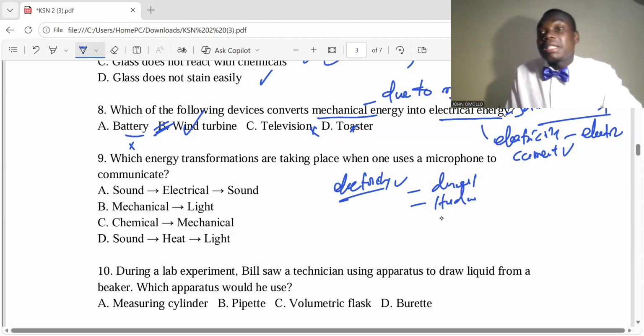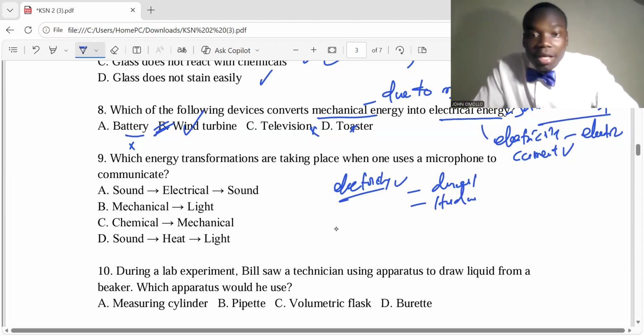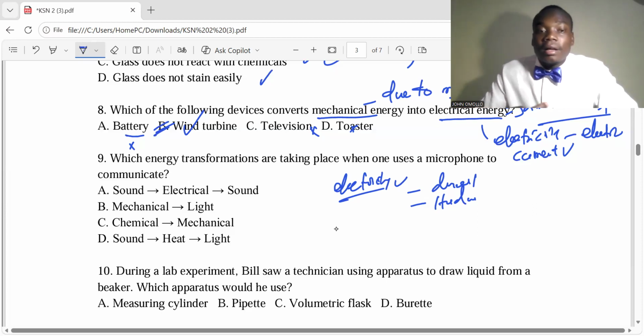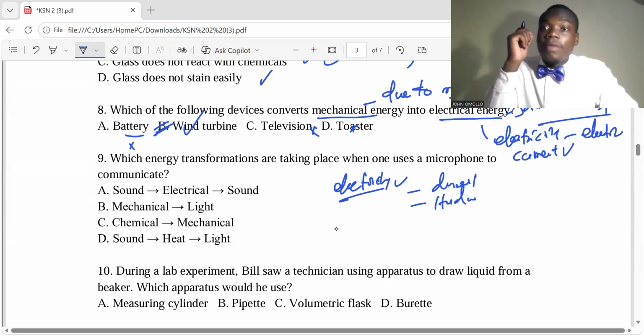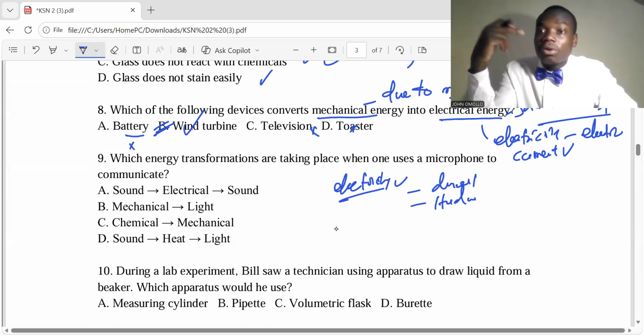The microphone must be able to produce a sound because of electricity. The electric power must be present for the microphone to produce a sound. Before the microphone produces a sound, you are going to talk, and when you talk, you produce a sound, just like I'm talking right now.